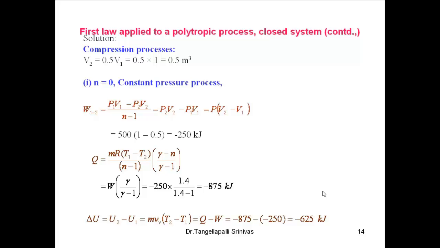The internal energy can be determined by the algebraic sum of energy interactions or the fundamental equation m Cv (T2 minus T1), that is equal to minus 625 kilojoules. The internal energy is decreased.